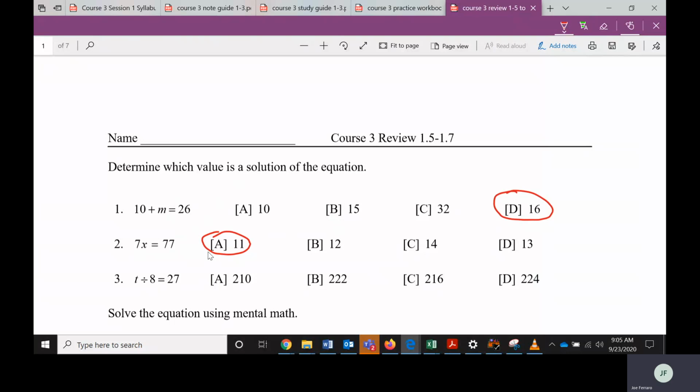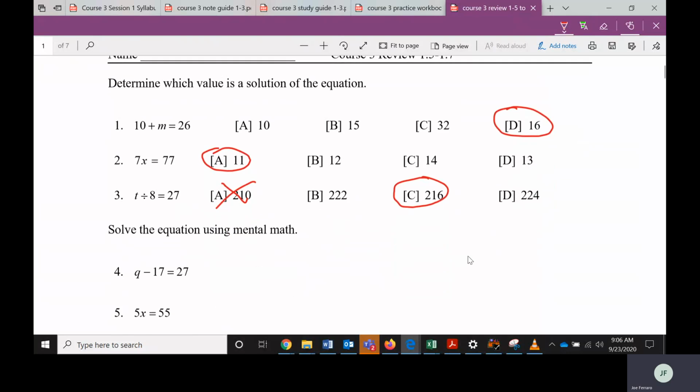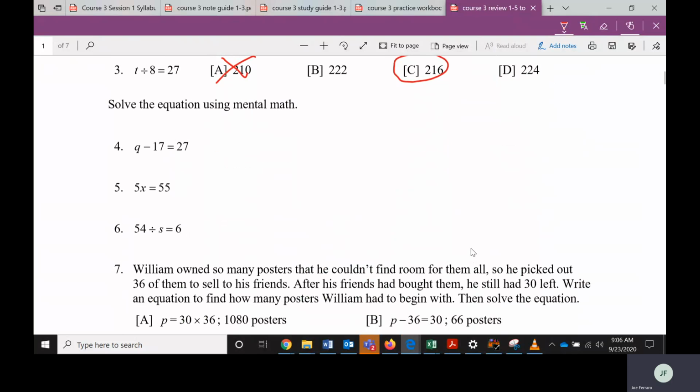Nope, that's 26 point something, and then you would say, well, it's not this, and then keep trying. Or if you remember some stuff from before, if you have something divided by 8 equals 27, you do the reverse and take 27 times 8, and that should give you the answer, which is 216. Then again, check your answer. Take 216 divided by 8 in your calculator and see if it works.